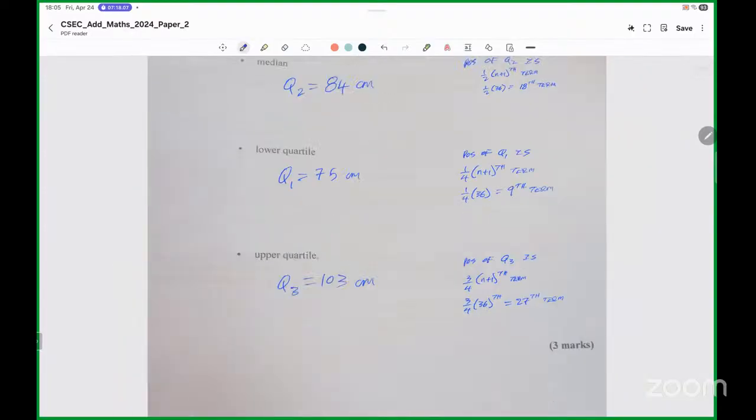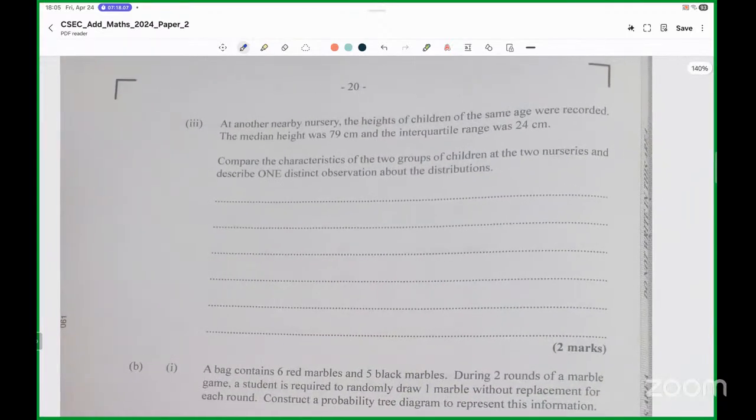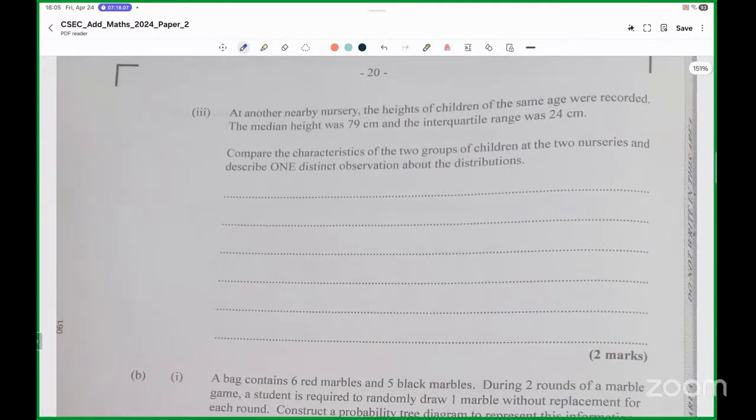All right. Then they're going to want a box and whisker plot, I'm sure. No? It says, at another nursery, the heights of children of the same age group are recorded. The median height is 79 centimeters and the interquartile range is 24. It says, compare the characteristics of the two groups of children at the two nurseries and describe one distinct observation about the distribution.